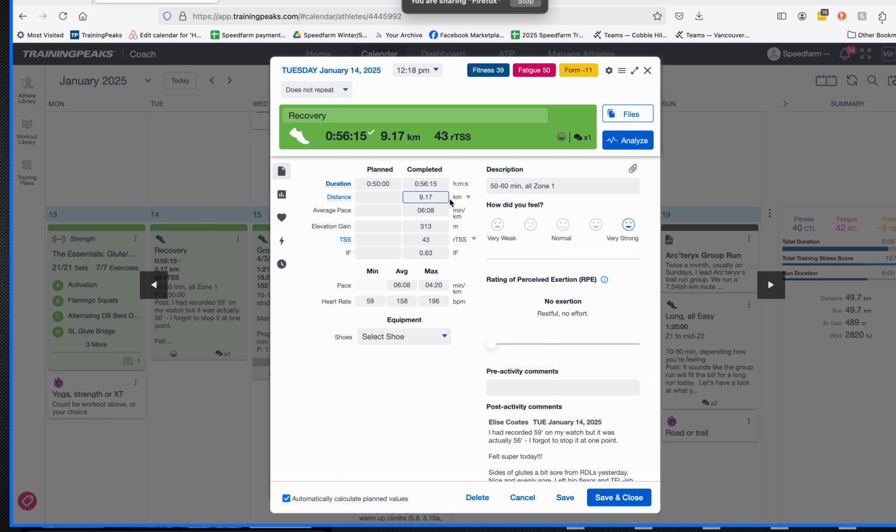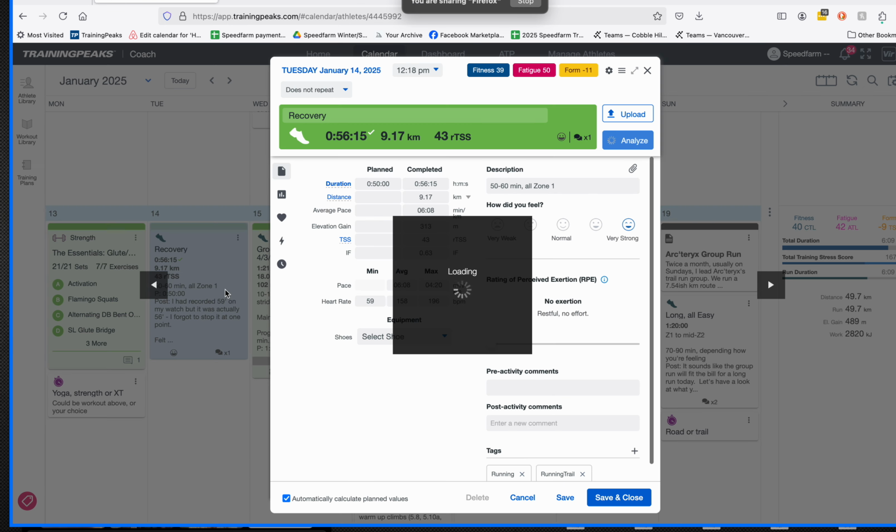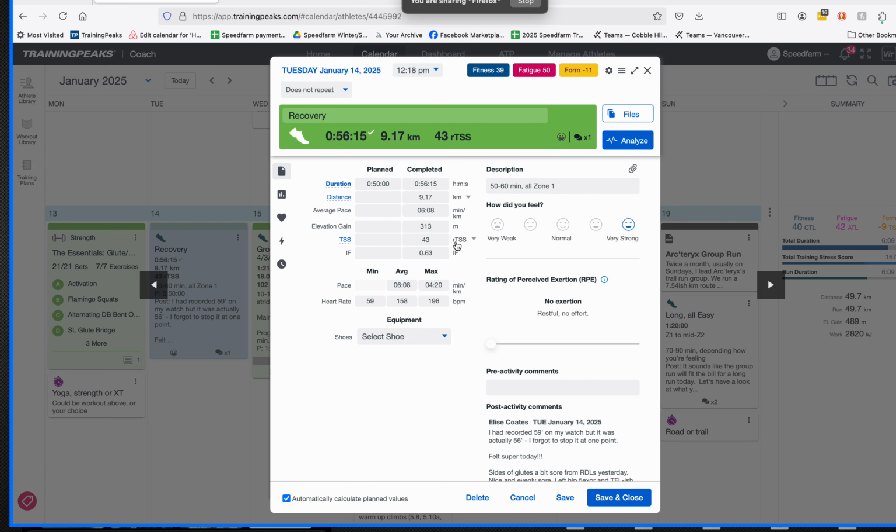So one of the things I do, and you can help me do, is calculate the training stress score of trail running using heart rate instead of pace. And the way you do that is on this summary screen.